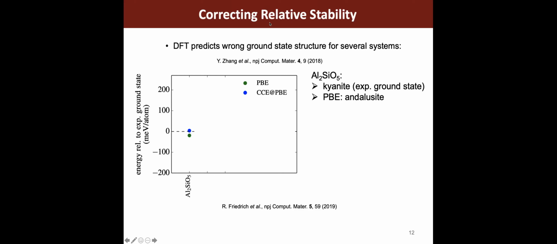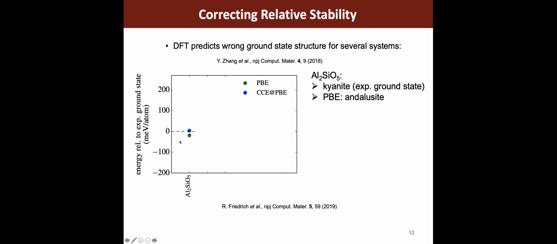One example for this is actually this aluminum silicon oxygen system. There, a mineral called kyanite is known to be the experimental ground state. However, PBE, so the standard DFT functional, gives you a mineral with another name and a different structure, called andalusite, to be lower in energy.